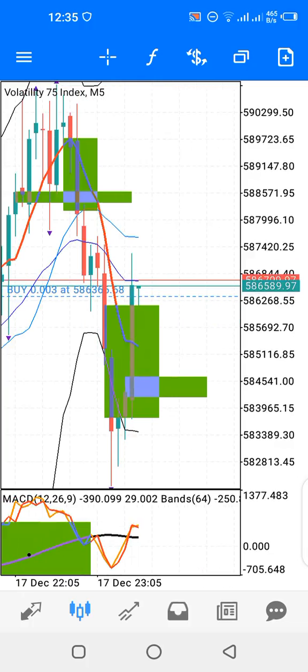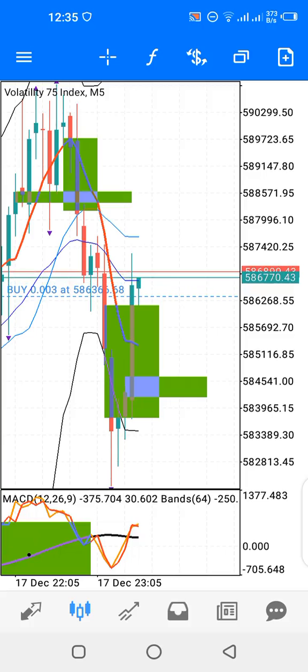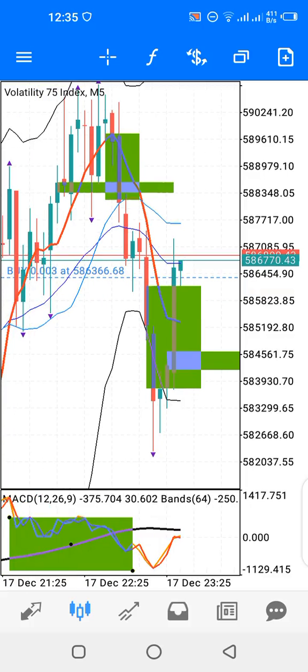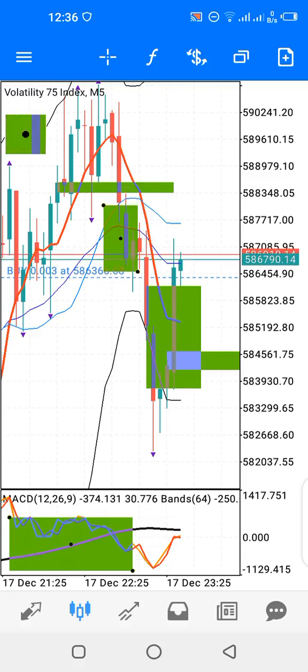It's going up, already in profit. And you can see what's happening. So that's just how it works. Allow the candle to close like you have around here, with little or no wick.